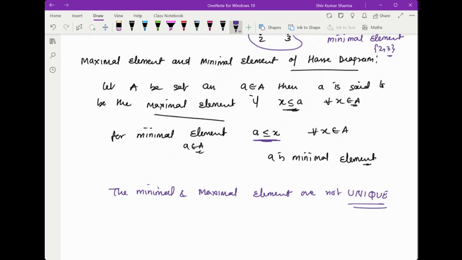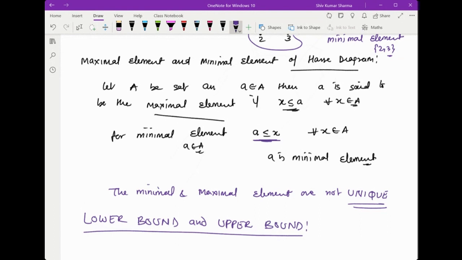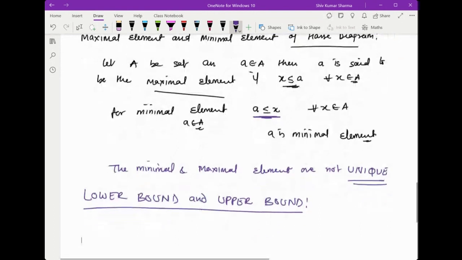But we talk about the lower bound and upper bound. When we calculate the lower bound and upper bound of any Hasse diagram, they are unique.